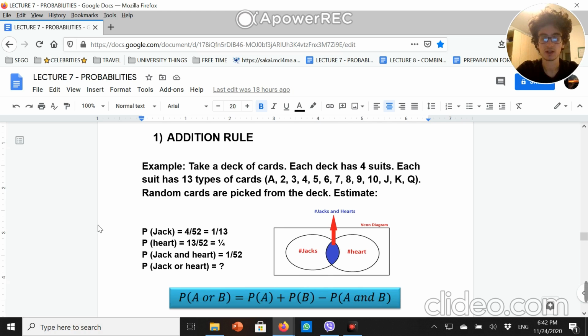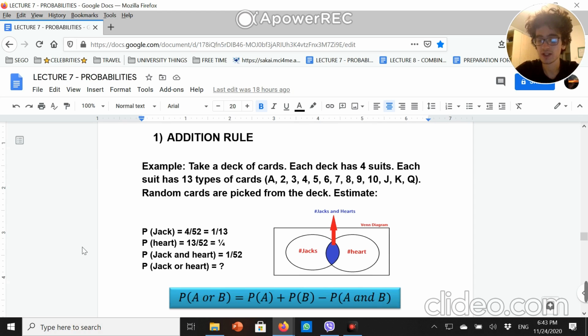Probability of getting a heart, 13 over 52. Why? Because heart is a suit, and there are 13 cards in it. And when we simplify it, it will be 1 over 4. Now, what is the probability of getting a jack and a heart? It will be 1 over 52. Why?